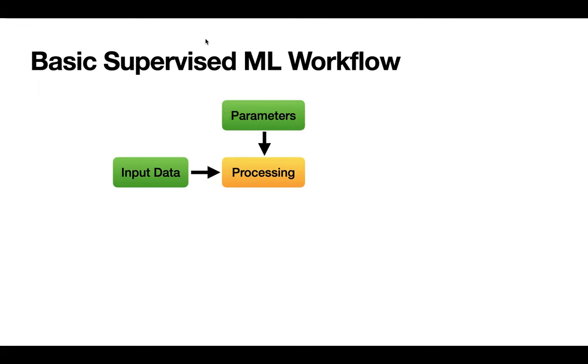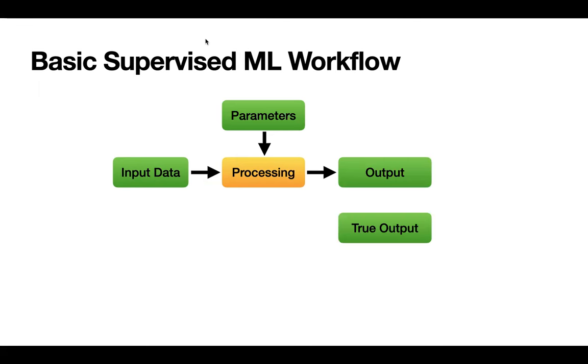Now, this processing has certain parameters that are inside of it. And once we have finished processing our input data, we get our output, which we can compare to our true output. Because again, this is supervised machine learning, so we actually have a true output for each of our input examples. From the output and the true output, we'll be able to calculate error.